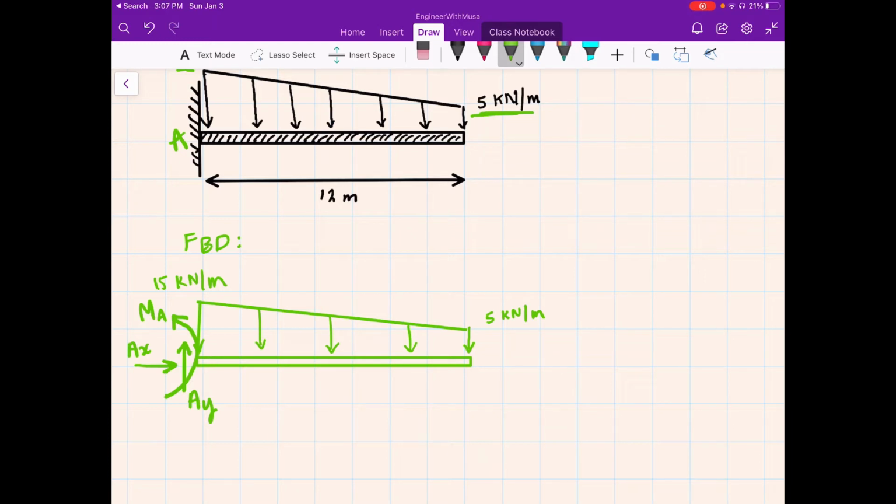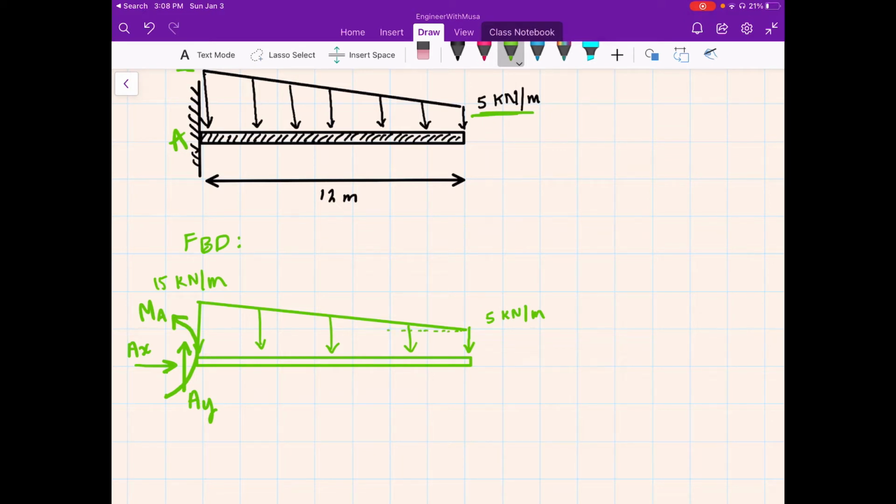So a really important thing here to do is to turn this distributed load, drawn in green, into point loads in order to simplify our equations. So we know that this distributed load can be broken into two different types of loading. I'll go ahead and dash it out.